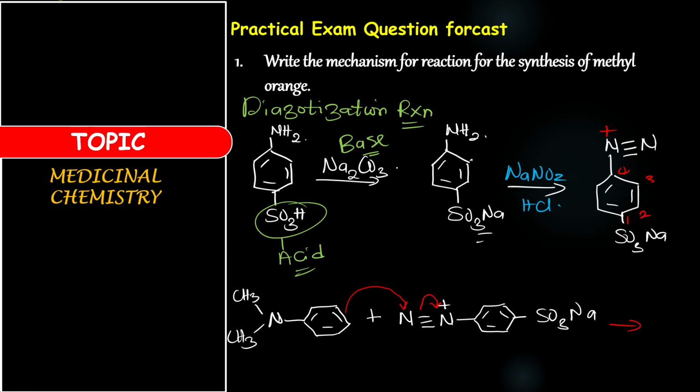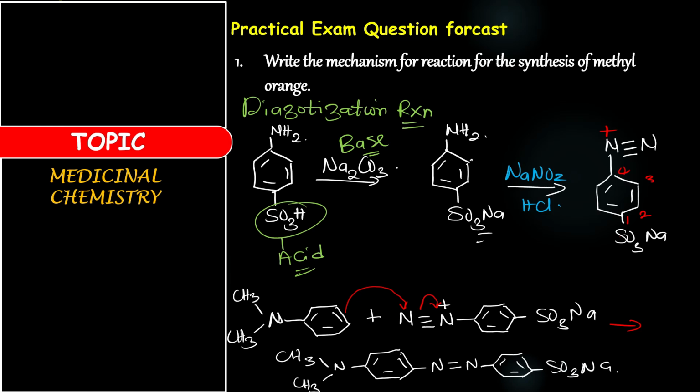So this is going to give us CH3 and CH3, and then here will be something like this. Here will be N double bond, here will be N. Alright.